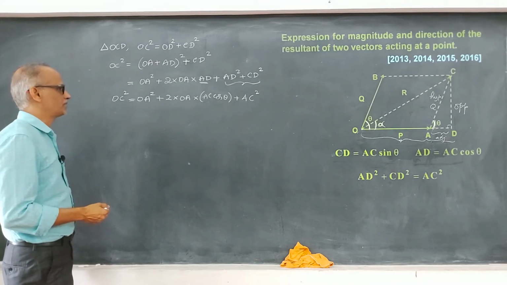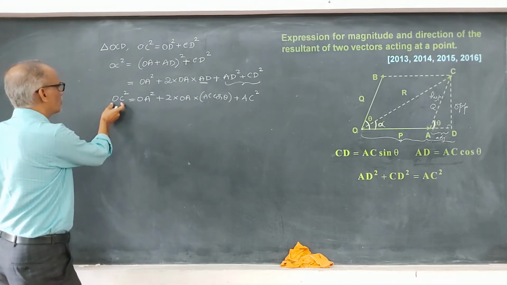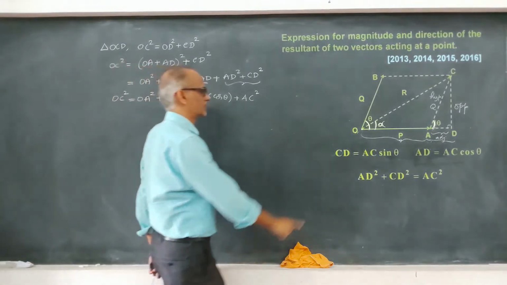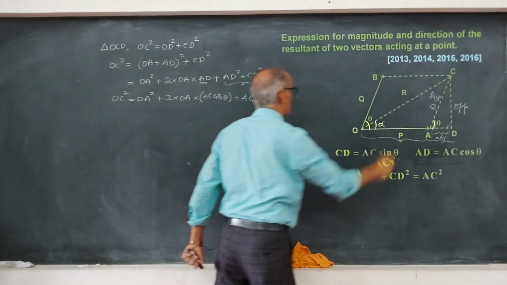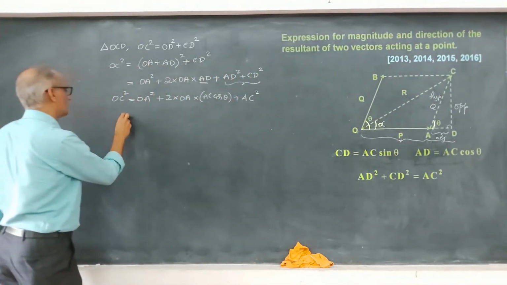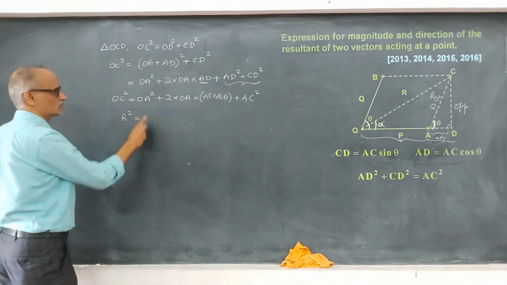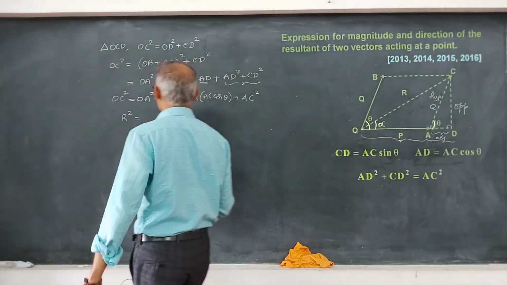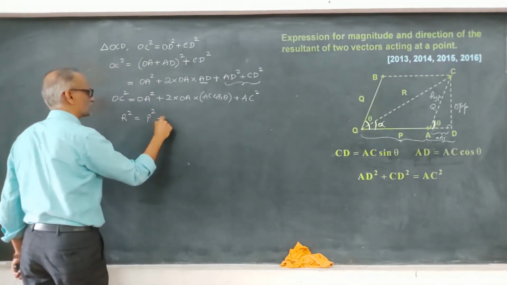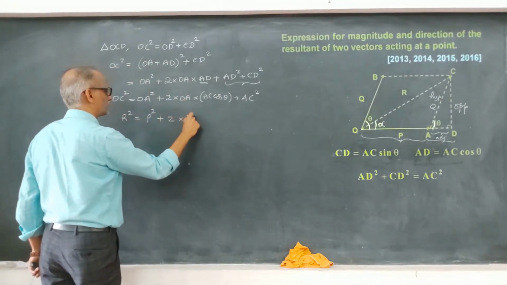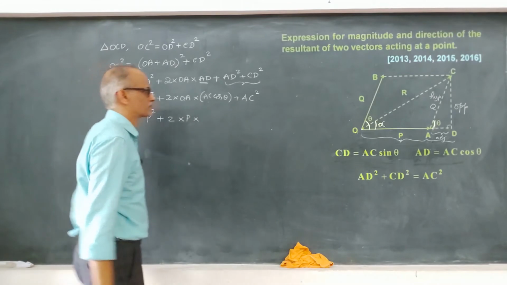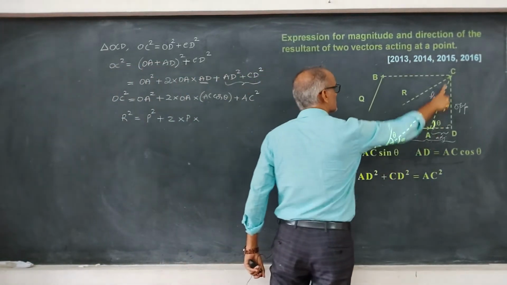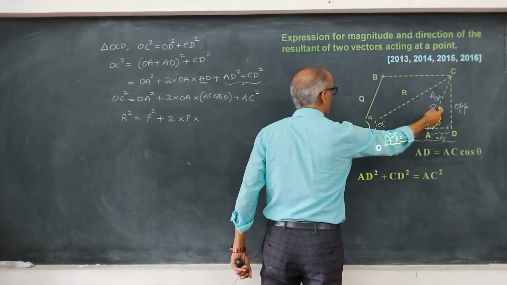Now it's time to substitute, okay. What is the OC? Look at the diagram. OC is nothing but R, correct? So it's R square. So R square is equal to, what is OA in the diagram? OA is nothing but P. So that's P square plus 2 OA, which is P, into, what is AC? AC is this. AC is nothing but Q, because these are parallel, right?